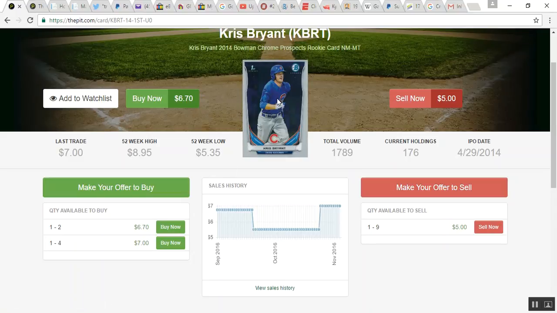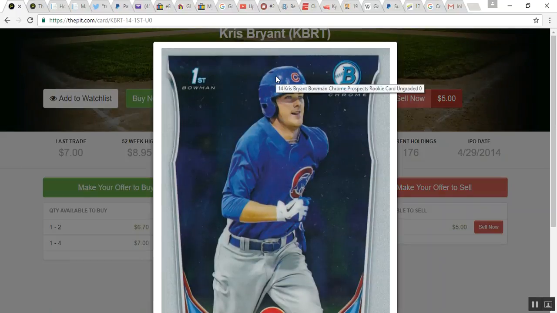We haven't yet enlarged the card, which is a new feature on the new website. You can see as you position your cursor towards the top of the card, it says click to enlarge. So I'm going to left click, and we have a super big picture of this card to show smiling Chris Bryant.